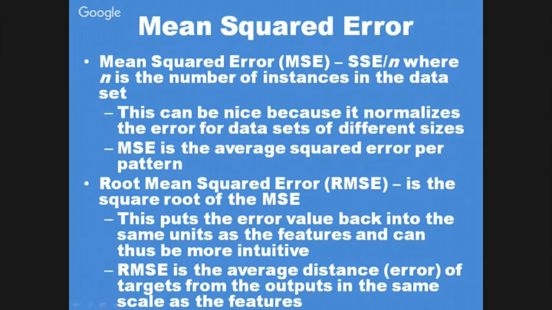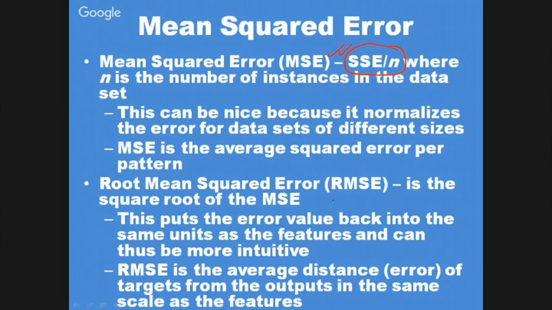Next is the MSE, the mean squared error, given by SSE divided by n. The sum squared error is the summation of (Ti minus Zi) whole squared over all the inputs or neurons, and that total divided by the number of neurons gives you the MSE, the mean squared error.